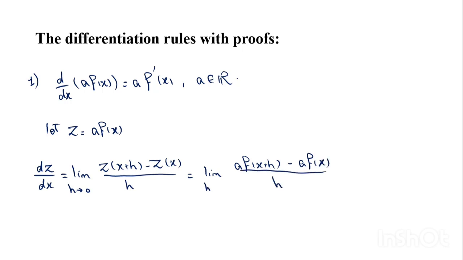Factoring out the a from these two terms, we get a times the limit of f of x plus h minus f of x over h as h tends to 0, which is by definition f derivative of x. So this is equal to a f derivative of x.